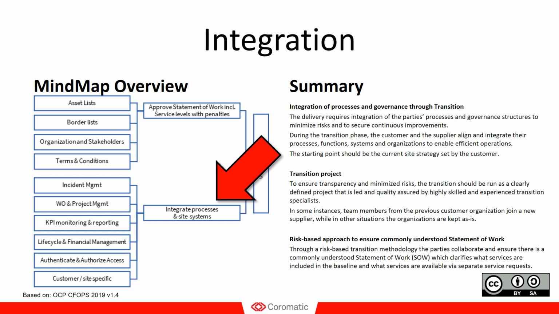The other one is work orders and project management. Who orders work to be done on site, and who has the authority, and what is the standard procedure for that, with, for example, the cost assessments or permit to work systems and so forth.